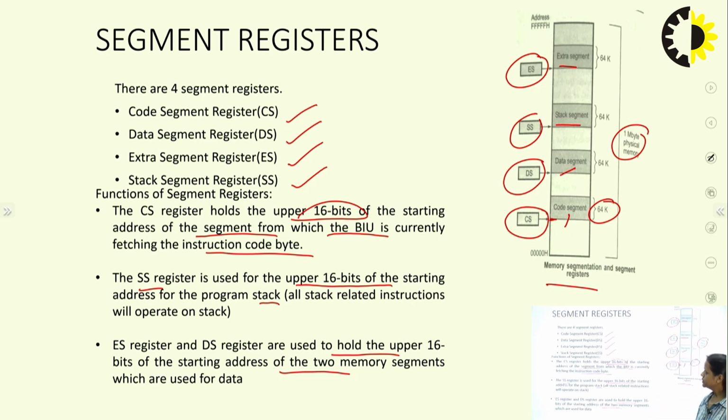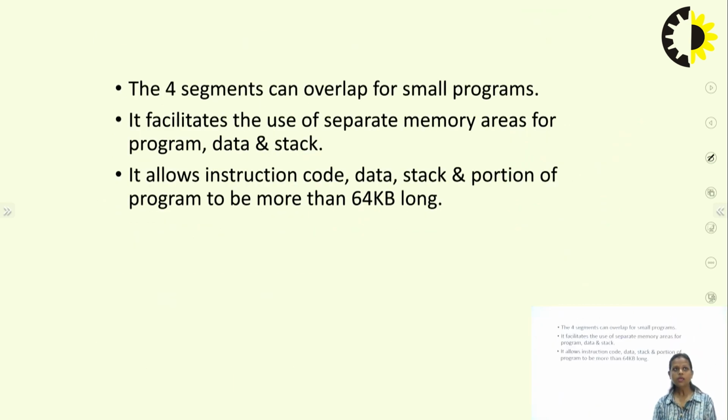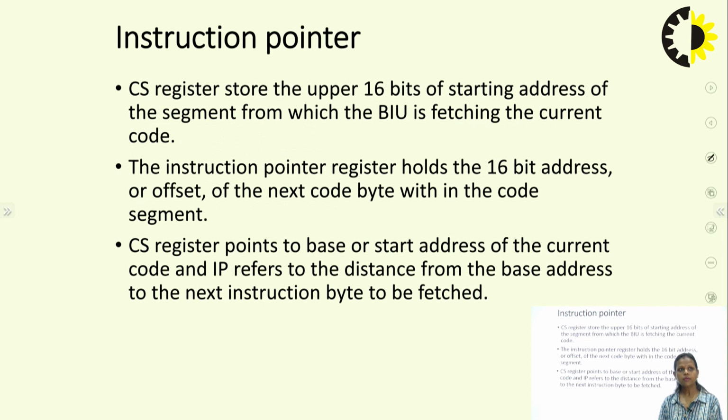So all these segment registers are basically holding the starting addresses of the segments which we have created in our memory. The 4 segments can overlap for a small program. It facilitates the use of separate memory areas for program, data, and stack. It allows instruction code, data, stack, and portions of a program to be more than 64 kilobytes long.